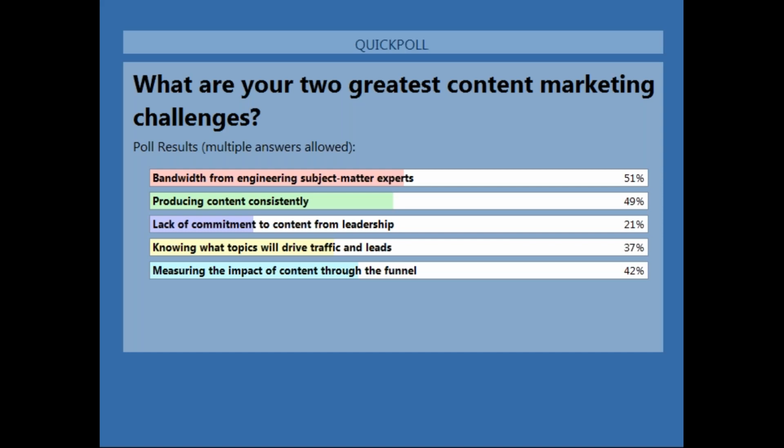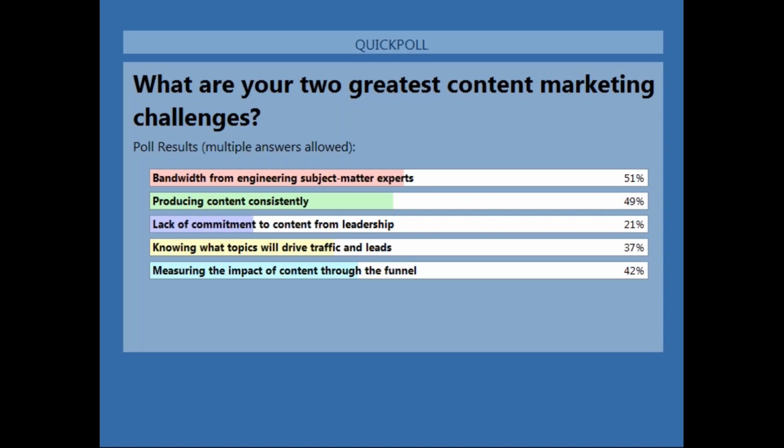This is consistent with polling I've done in the past. It's also very consistent with the results that have come out for the last number of years from Content Marketing Institute and MarketingProfs. Joe Pulizzi and the folks at MarketingProfs have done a survey benchmarking content marketing for the last number of years. These two have continued to be the top 2 challenges around content marketing.